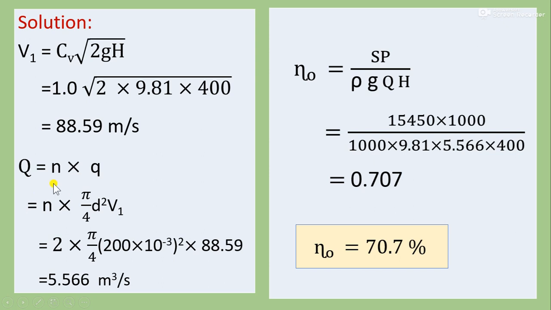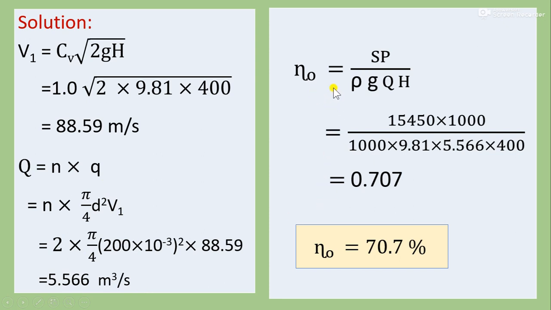So Q is equal to N into pi by 4 into d square into V1. So here N, small d and V1 are known. So putting the values, we can calculate value of penstock discharge.